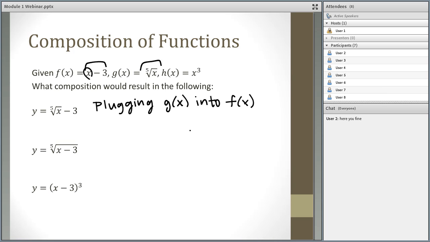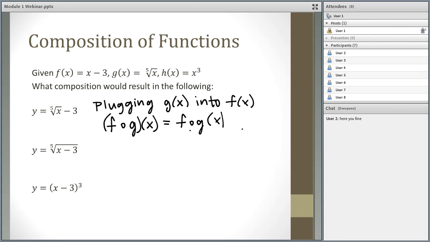How we would write that in composition notation is it would be written as f composed, so the open circle represents composed, of g of x. It's saying plug g of x into f of x. They're almost read backwards, so sometimes you might see it without the parentheses around the f composed of g.